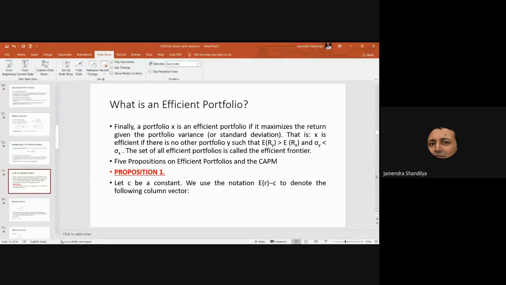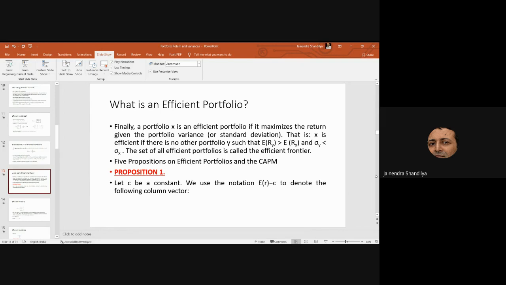Means you won't get any other portfolio that will give you the same return and also have lower variance than this. That's not possible. Even if the variance is the same, this efficient portfolio will give you higher return, or lower variance is also possible, but at minimum it should have the same variance but higher return, and then we'll call it an efficient portfolio.